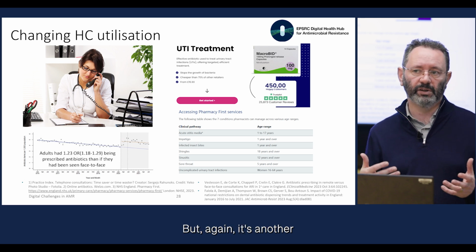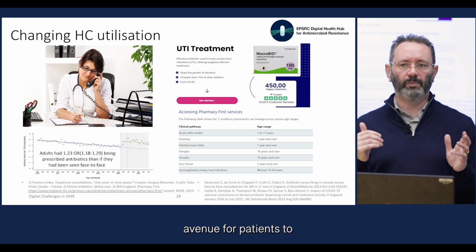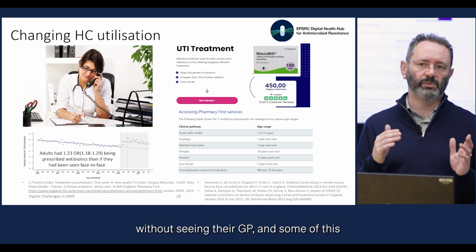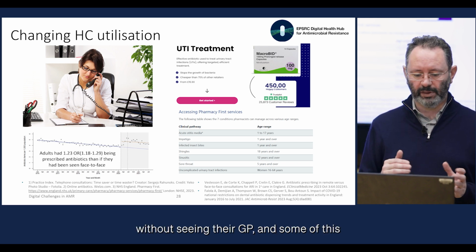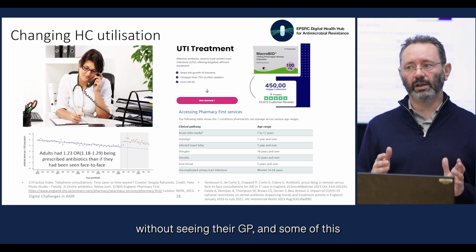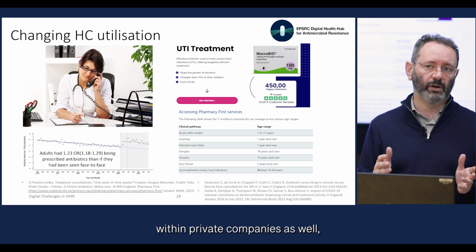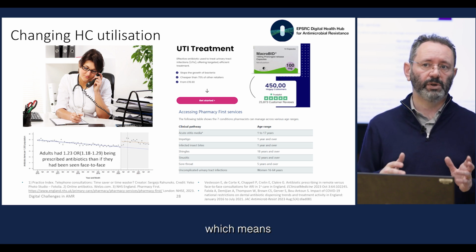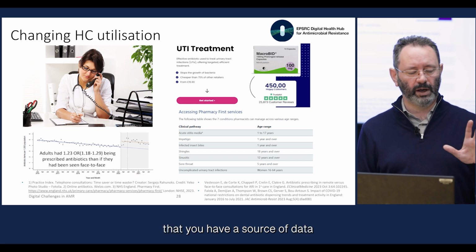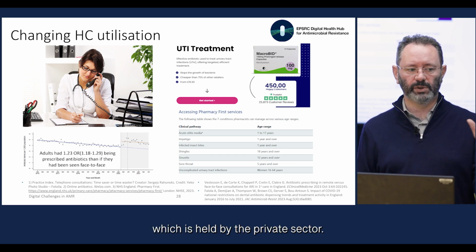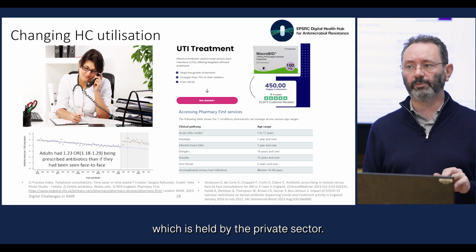But again, it's another avenue for patients to receive antibiotics without seeing their GP. And some of this prescribing will obviously occur within private companies as well, which means that you have a source of data which is held by the private sector.